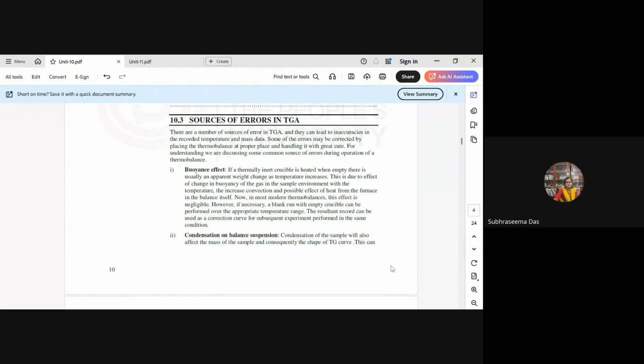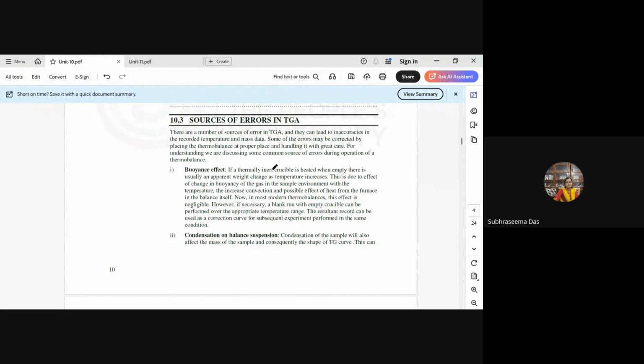But in actual practice, there are different sources of errors that can arise in TGA. If there is any error, our data will be misinterpreted, so we should take certain precautions while working with TG.